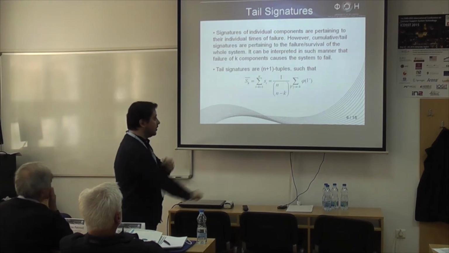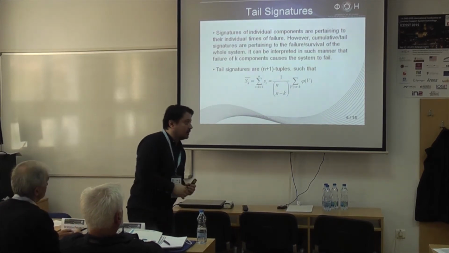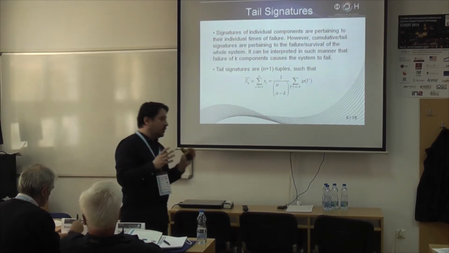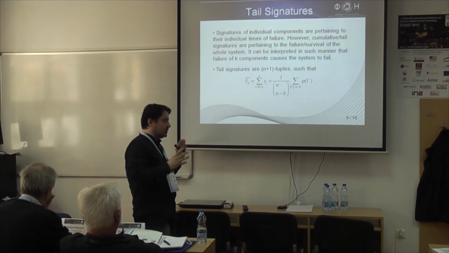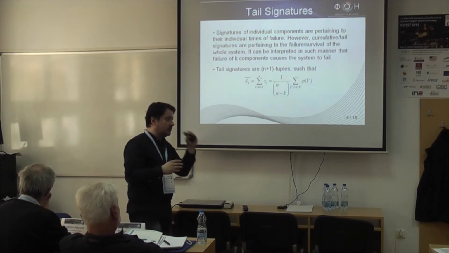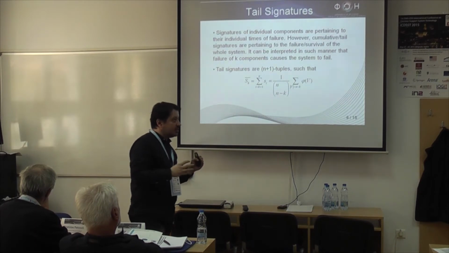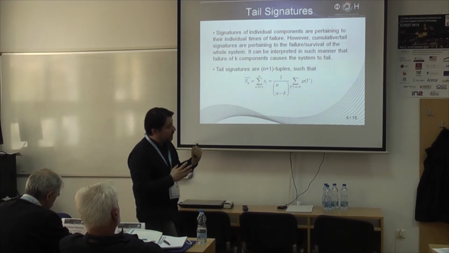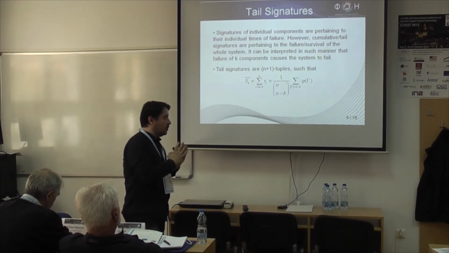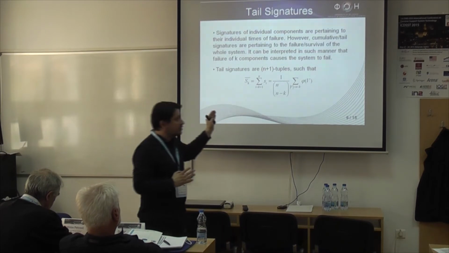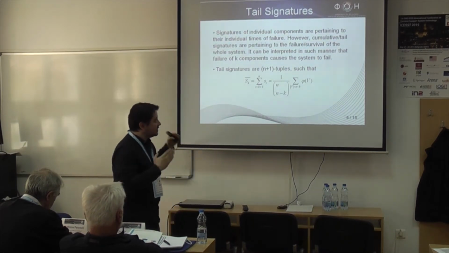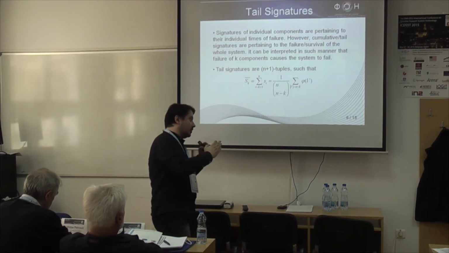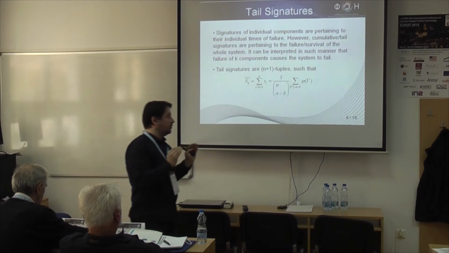So now we are going to introduce the concept of tail signatures, or cumulative signatures. We spoke about the signature itself; it is related to the failure of individual components, or whether the system will fail if that component fails. Now, with tail signatures, we assume that k components fail, and ask what the probability is that the whole system will fail.